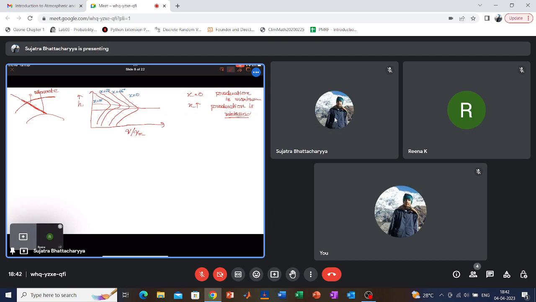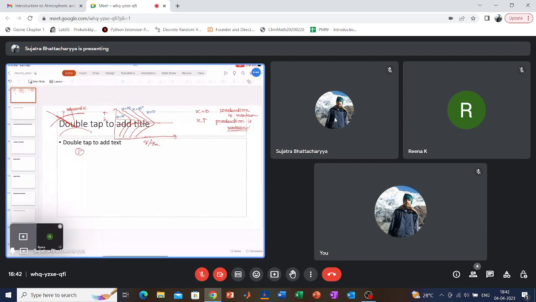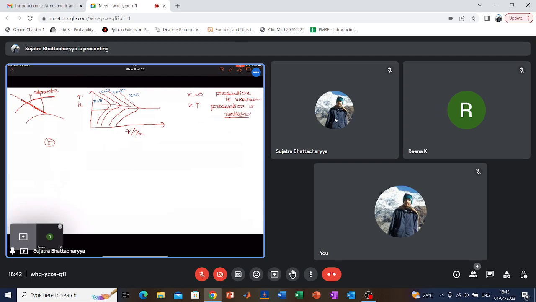Another is the fifth one. The fifth one is the height of the peak production. Let me write. The height of the peak production is H_M = H log(σ H n_0 sec χ).